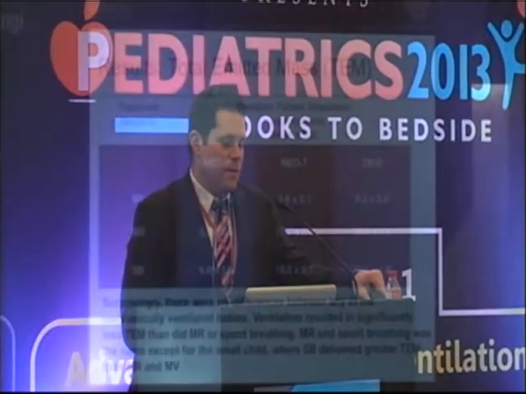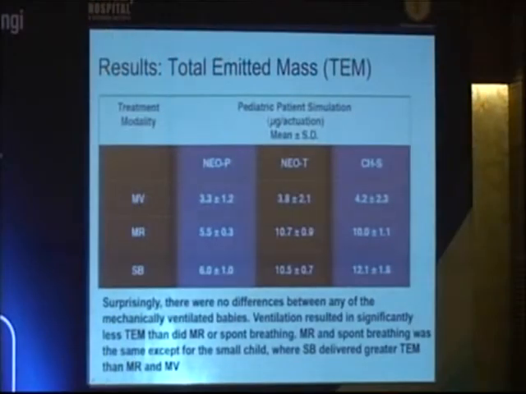Does anyone want to tell me why? There was greater drug delivery at the same volume, same rate with a manual resuscitator compared to a conventional ventilator. Does anyone want to try to guess? Humidity. The humidity reduces aerosol delivery. So you get 50% more when you remove them from a ventilator and you bag it. All right?